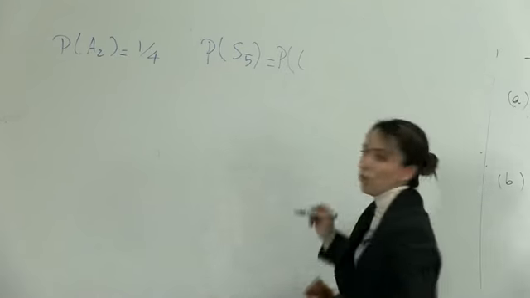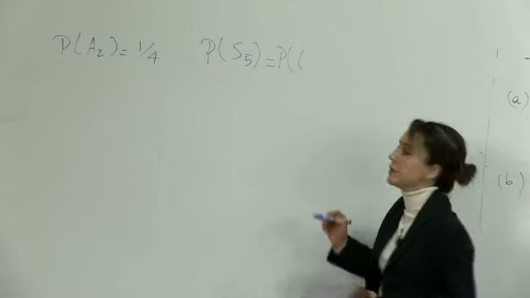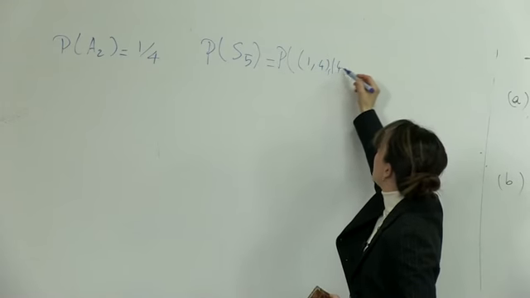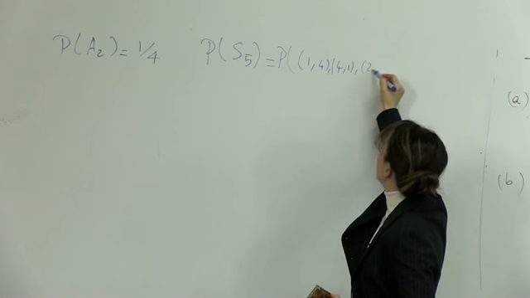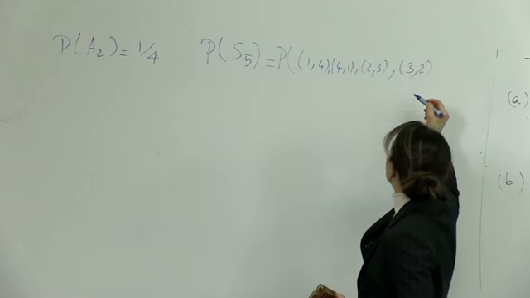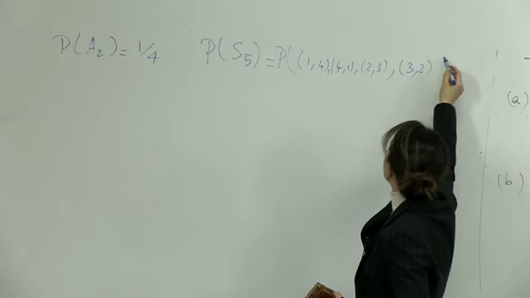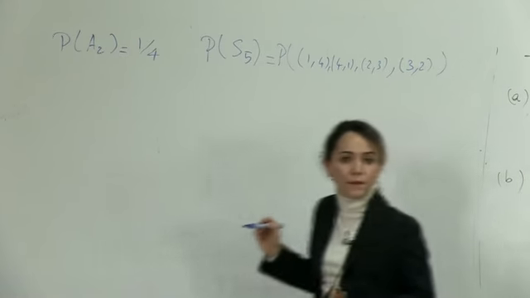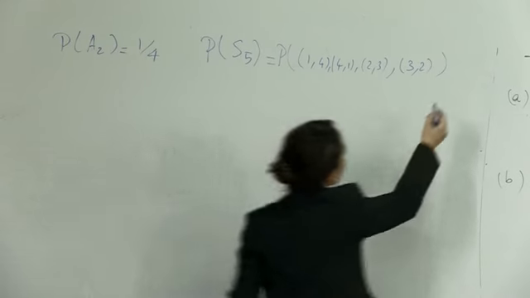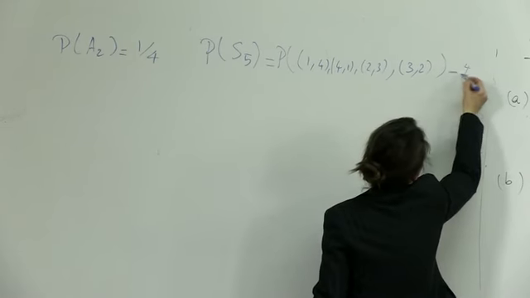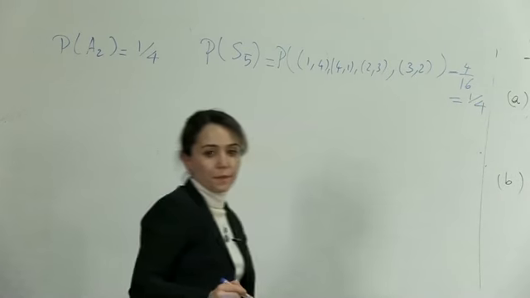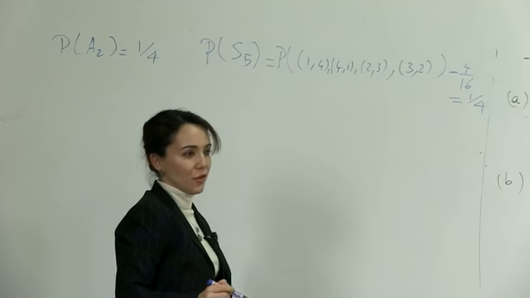This is the probability of all ordered pairs summing to 5: 1,4; 4,1; 2,3; 3,2. That's it, right? And the probability is 4/16, which is 1/4. Okay?